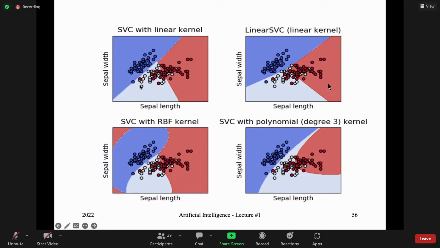As we can see, with support vector machines we can use here an RBF, a Gaussian function as I explained before, and also polynomial degrees.